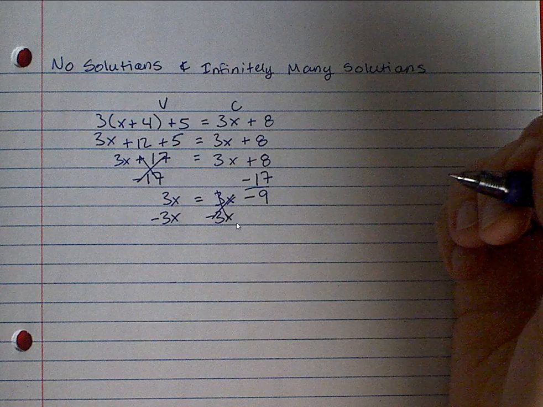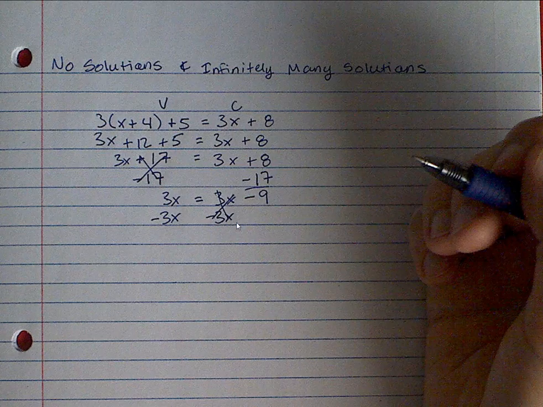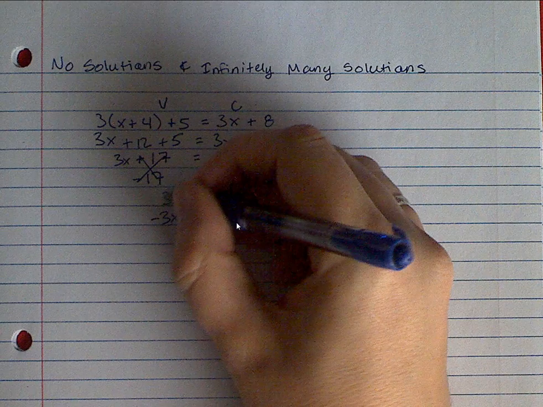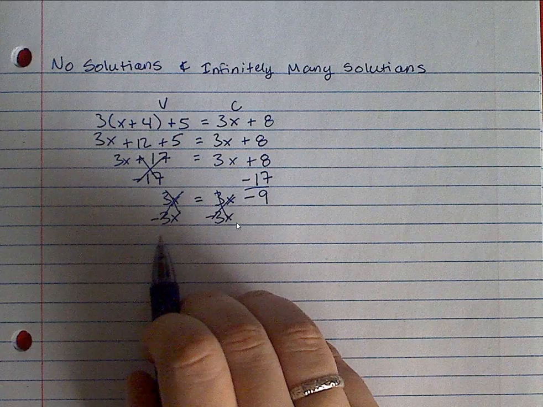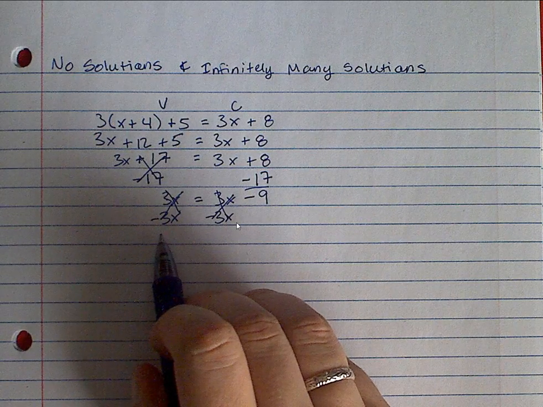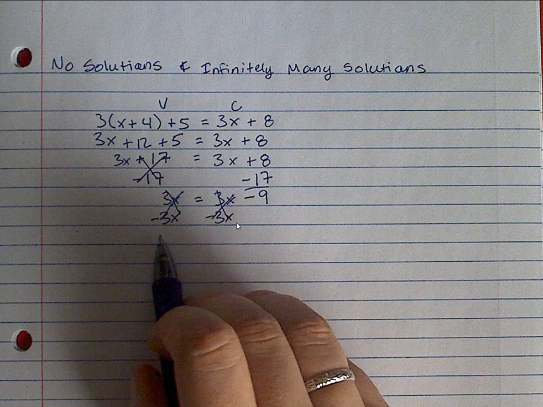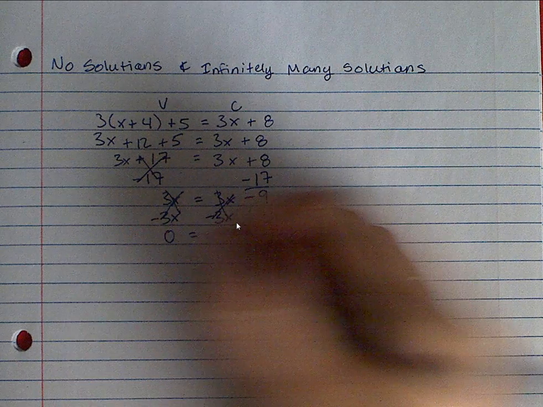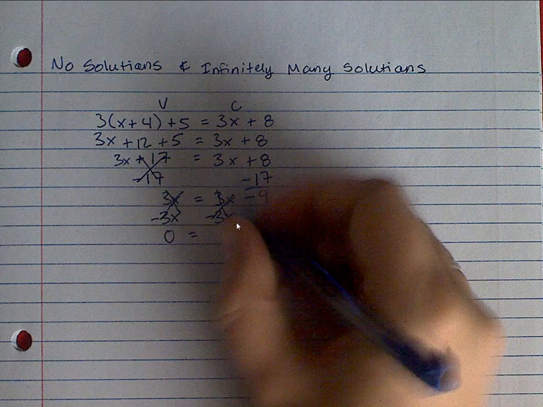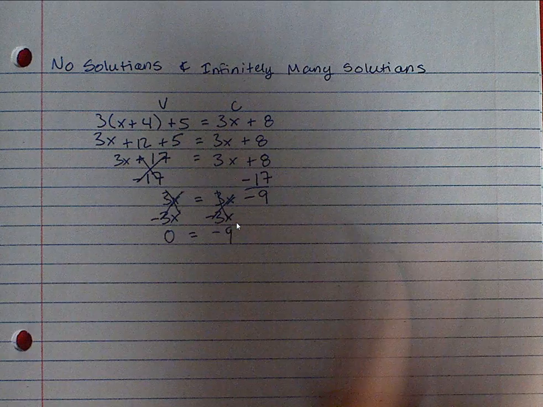And then over here, what is 3x minus 3x? 0. Okay, cool. So on the left-hand side, I've got nothing left. And Juju, what number represents nothing? Not 1. 0. 0 represents nothing. 1 represents 1. And then I drop down the negative 9. Okay, so now there's no more x left.